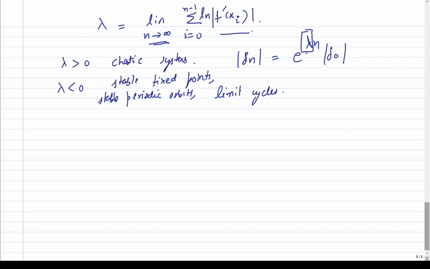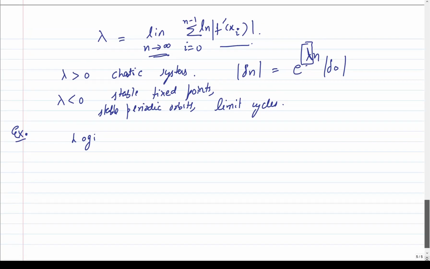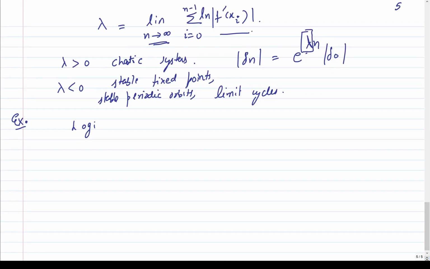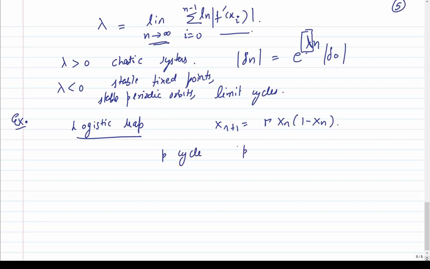So, for example, let's consider the logistic map, x_{n+1} equals r x_n times (1 minus x_n). And for the p cycle, let's calculate the Lyapunov exponent around the period p orbit.